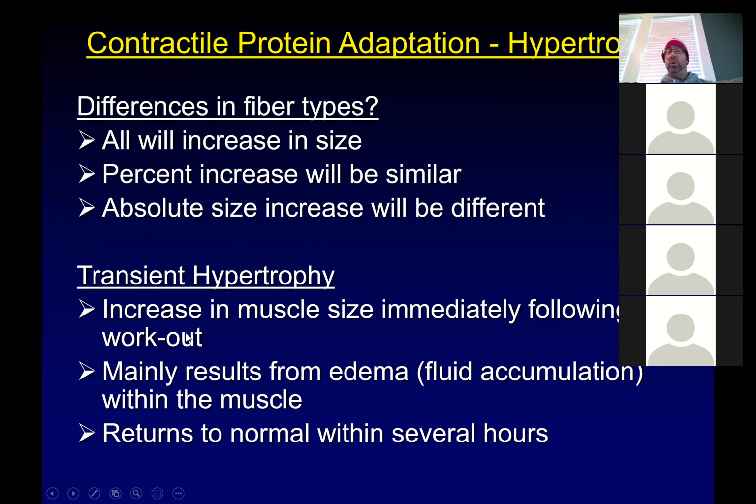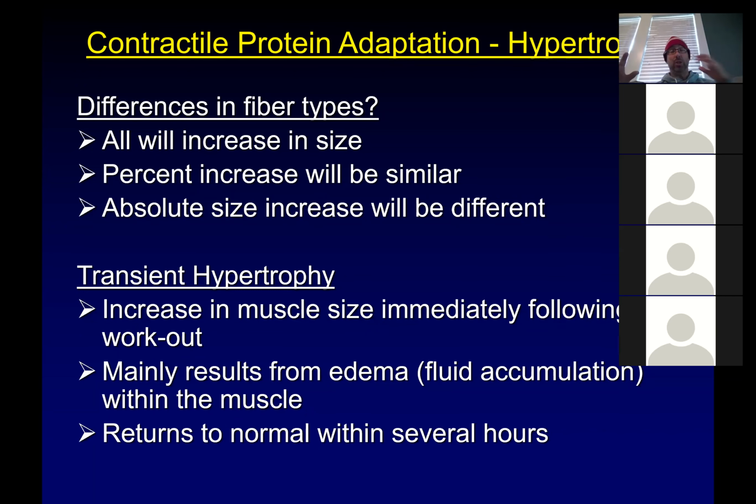So when you do a resistance training workout, okay, you are going to see this immediate increase in the size of the muscles that you were using to perform a particular lift or that you were using during that particular workout. Okay. I'm going to do some curls and then I'm going to do some shoulder press.